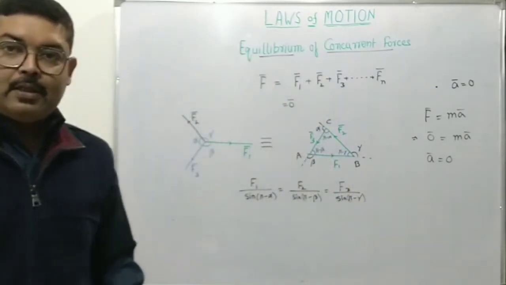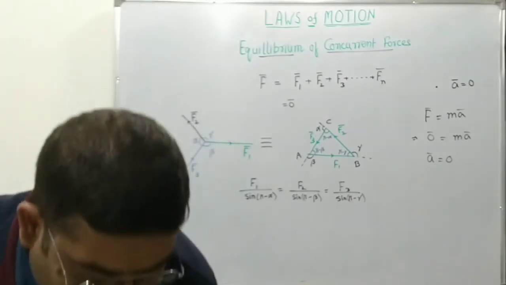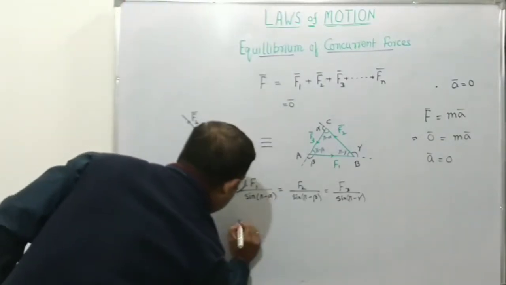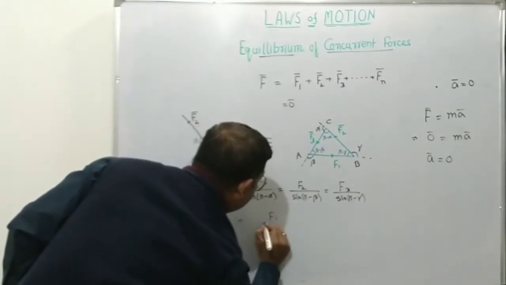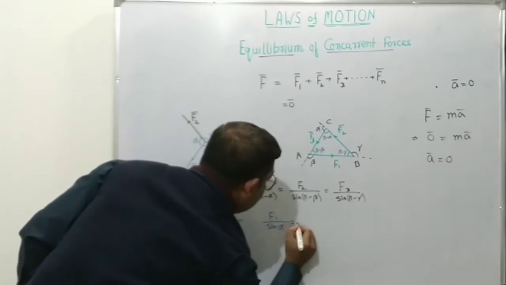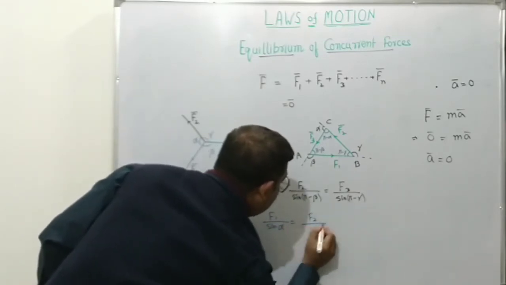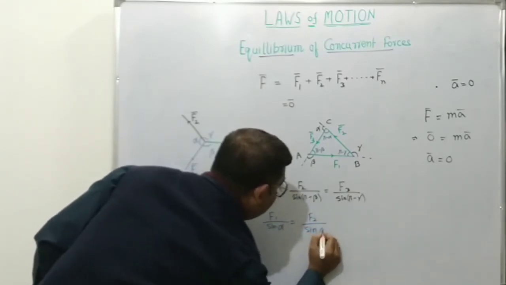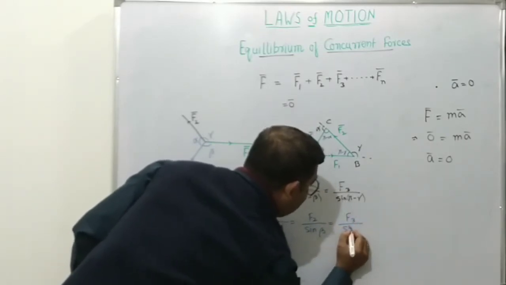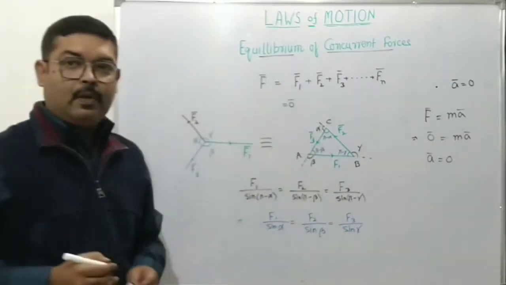But sine of pi minus alpha is sine alpha, sine pi minus beta is sine beta, and so on. So we can write that F1 by sine alpha equals F2 by sine beta equals F3 by sine gamma.